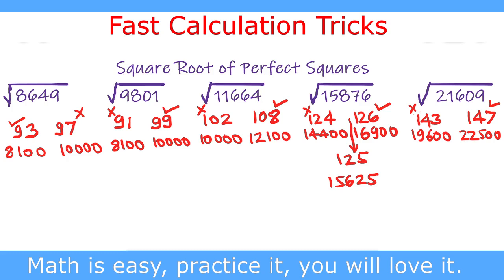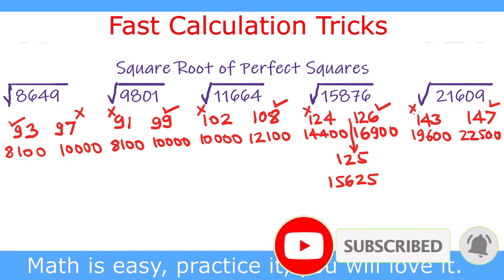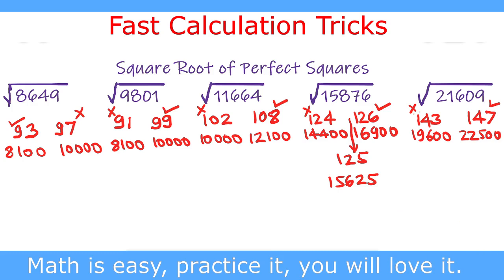This method is only applicable to perfect squares and it is not useful for imperfect squares. But when the question in the exam is to find the square root of a given number, then we will assume that the given number is a perfect square and we will adopt this short trick to find the square root.